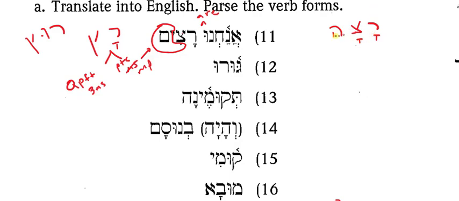Yes, exactly. So if you had a verb ratsa that were 3 hey, the cal participle would be rotse, masculine singular. And then to make it masculine plural, I would chop off the vowel with the mater and just add the eem. So it would be rotseem. So you're right, there would be that holum.